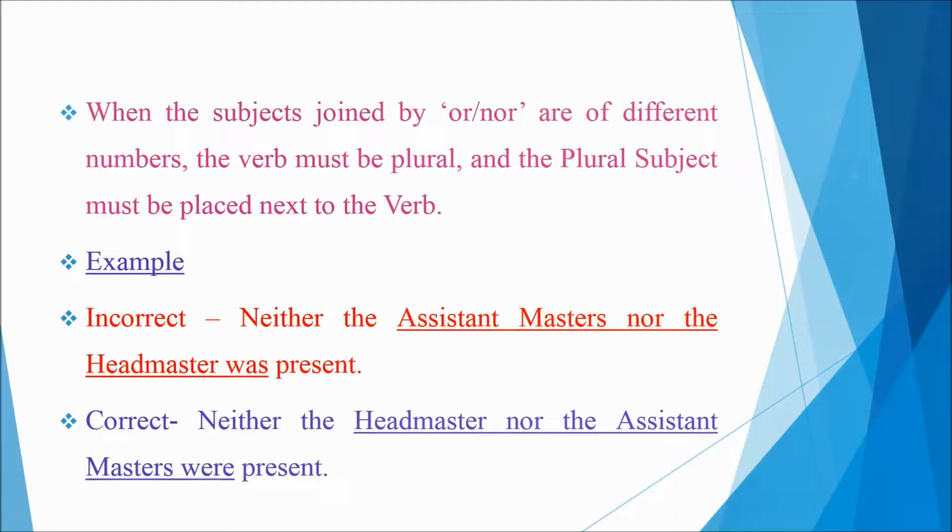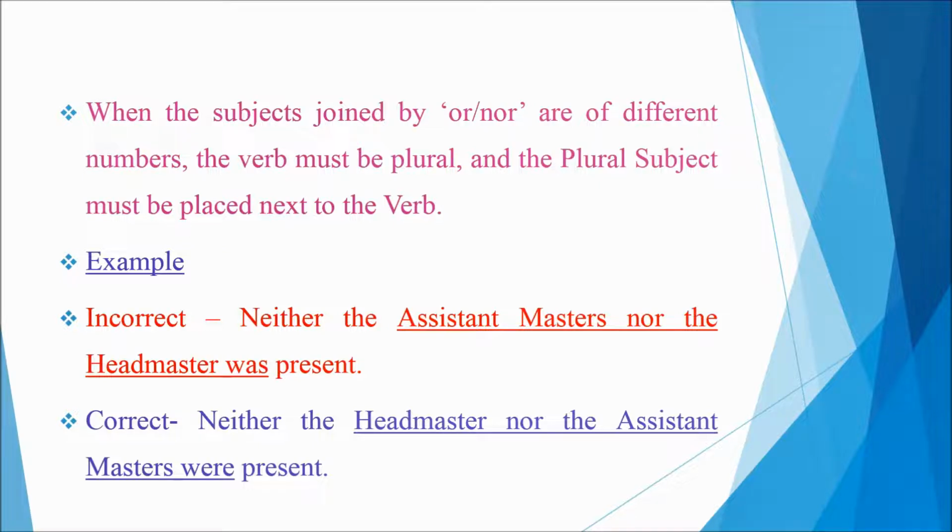The next rule is that when the subjects joined by or, nor are of different numbers, the verb must be plural and the plural subject must be placed next to the verb. Now look at the example. Neither the assistant masters nor the headmaster was present. Is that correct sentence?